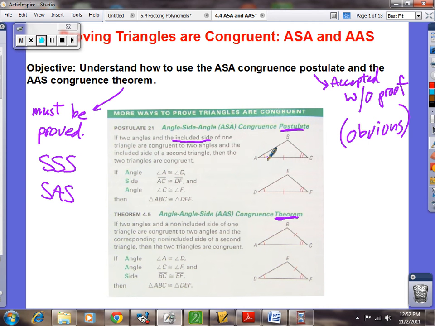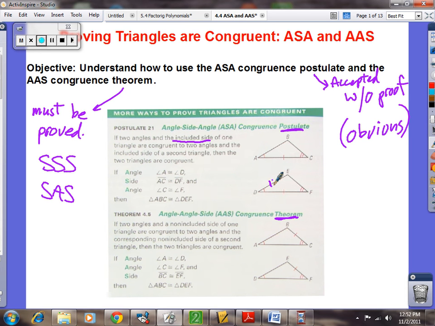So Burgundy, look at this. Angle, the side's got to be in between it and the other angle. Yes, it's got to be on the same line. Good question. But here's what you know. If you know the angle A matches up with angle D and angle C matches up with angle F, and this side matches up with this side, what else do you know?